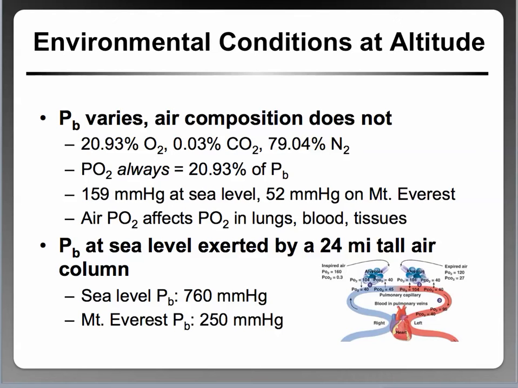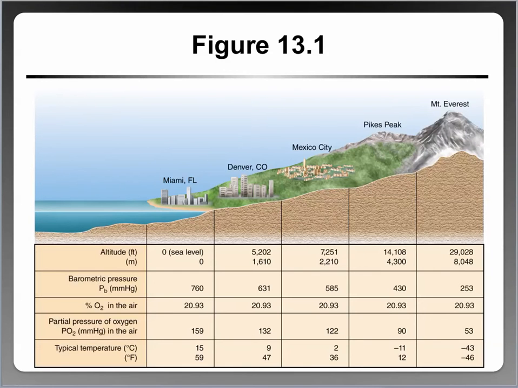So if you take a look at that second main point there, barometric pressure at sea level is exerted by a 24-mile tall air column. Let me switch over to this picture.